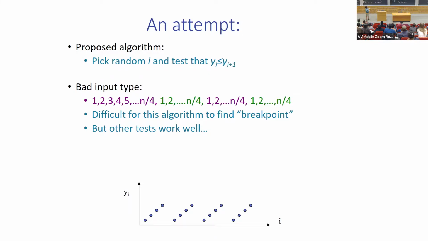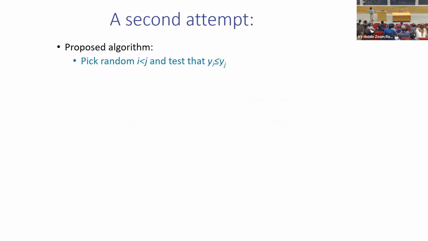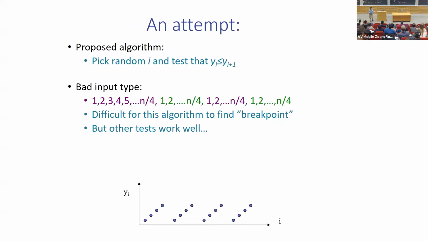Over here, 52 and 53 are in the right order. Unless I fall on one of these borders, the neighbors look great. What's the probability I fall on one of these borders? 4 out of n. That's not good, so this is a terrible test.